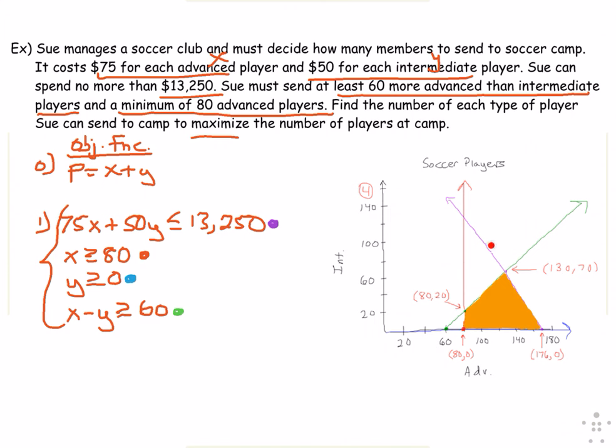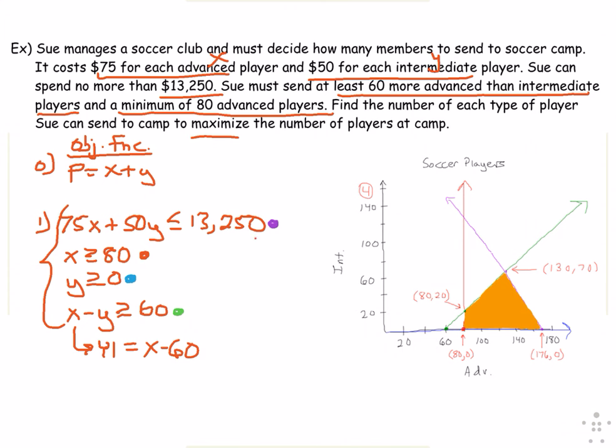This one here, little tricky. You want to put this equation into the calculator in y equals form. And so now you have this one in the calculator, and then you put this one into the calculator.